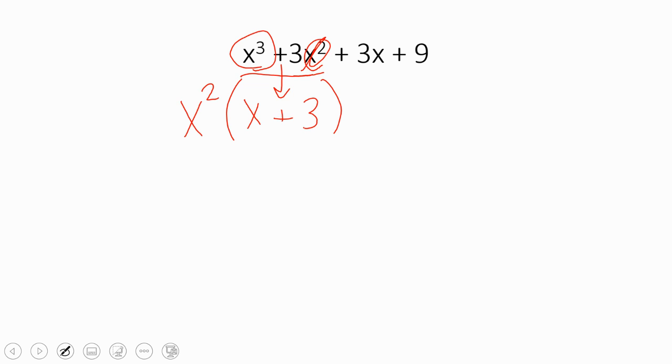Then I'm going to look at my last 2 terms. What's the GCF of those? They do not have an x in common, but what's the biggest number I can divide both of those by? It's 3. So when I divide this term by 3, I'm left with x, and when I divide this term by 3, I'm left with 3. Now, here is what will tell you if you did this correctly.